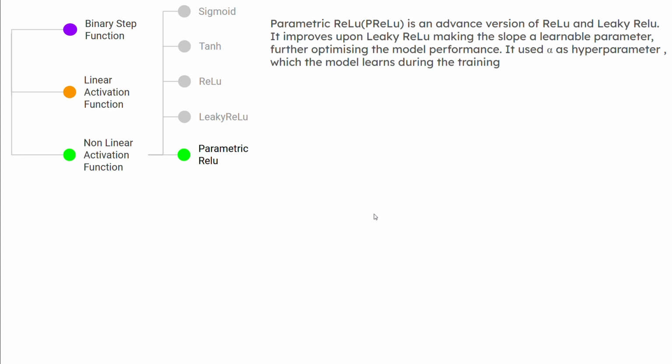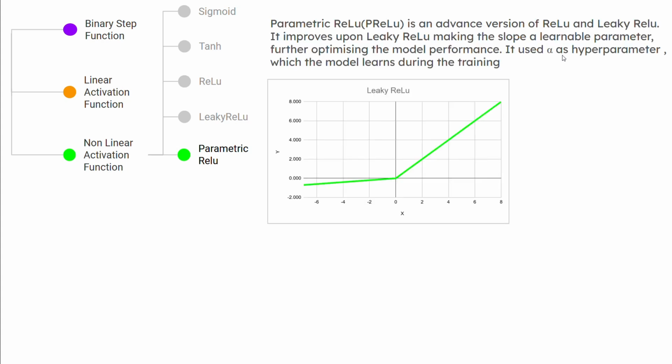The difference is that the parameter in leaky ReLU is a user input, whereas in parametric ReLU we make this parameter trainable, denoted by alpha, which is a trainable hyperparameter. So it's basically going to be the same graph if you have the same value of alpha.